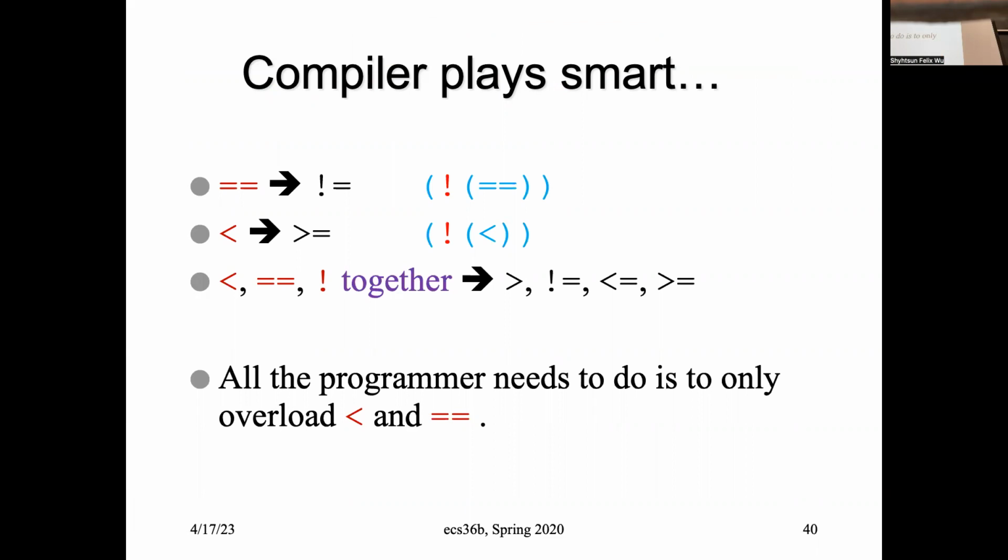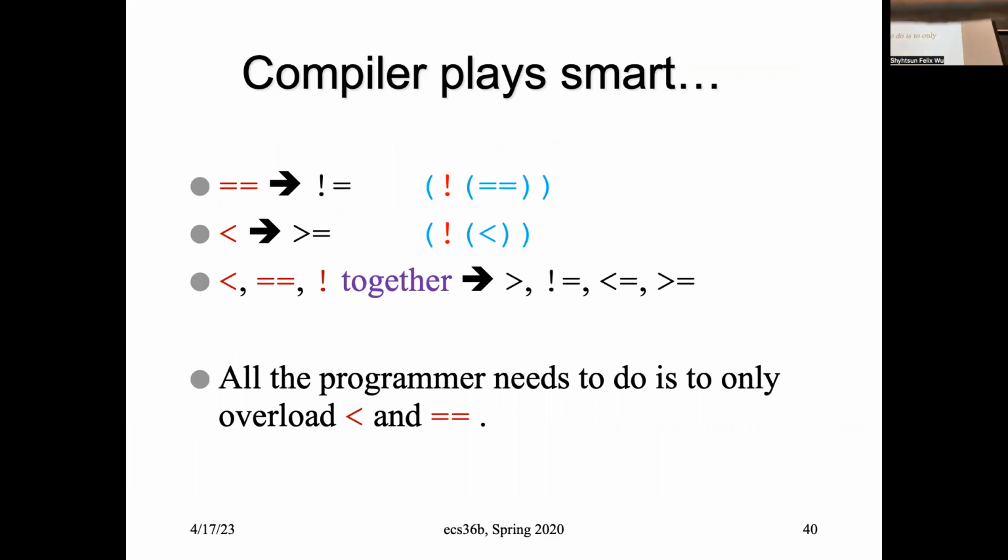You just need to define 2 of them, and then the compiler will be able to figure out the other 4. But unfortunately, the compiler is not so smart that it forces you to define specific 2 of them. Essentially, you need to define equal and smaller than.